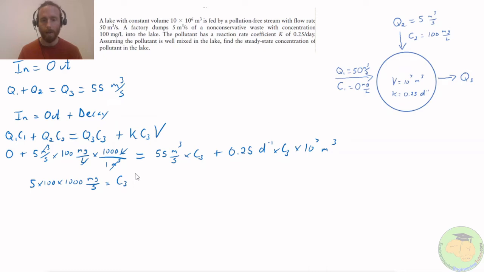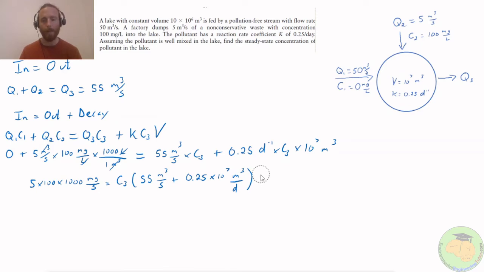So we take out C3 times 55 cubic meters per second plus 0.25, simplify the units a little bit, 0.25 times 10 to the 7 meters cubed per day. We just combined the d to the -1, which is the same as 1 over d, and the meters cubed. I combined it into one term just to make it a little easier to work with.